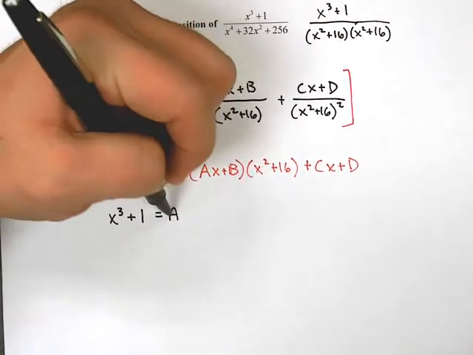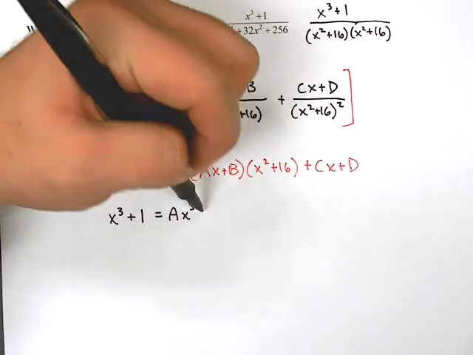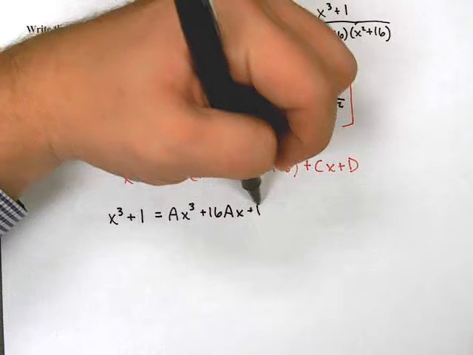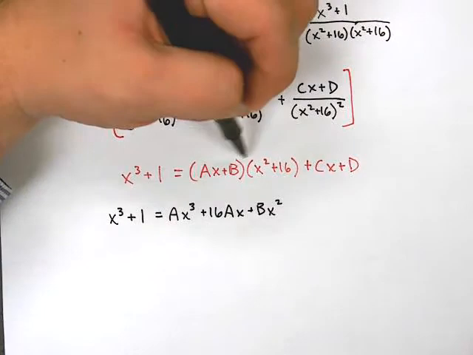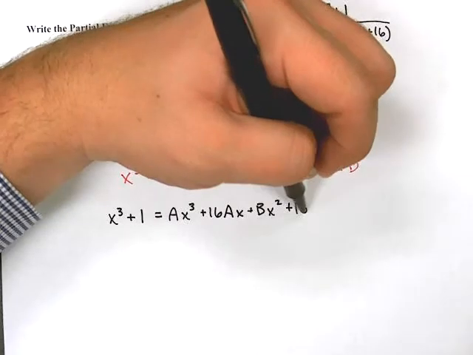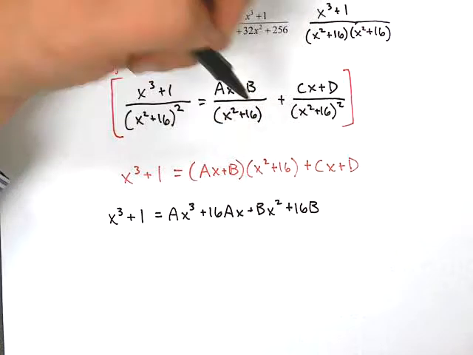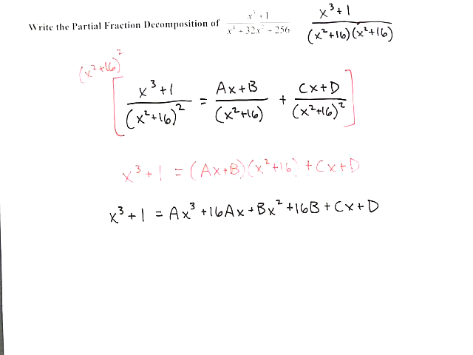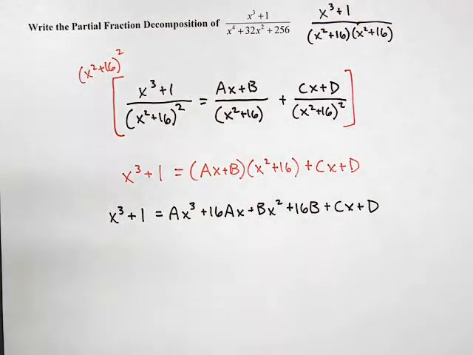distribute. So we have ax cubed plus 16ax plus bx squared plus 16b, right? That's me just distributing. And then lastly, cx plus d. Now the trick here, guys, is remember, you need to rewrite this in descending order or in standard form so we can see what goes with what.